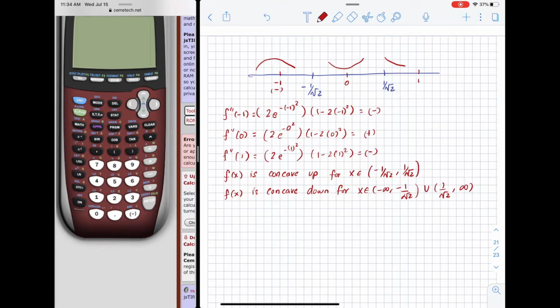So if I have to guess this graph, there is a maximum up here, and it is concave up.